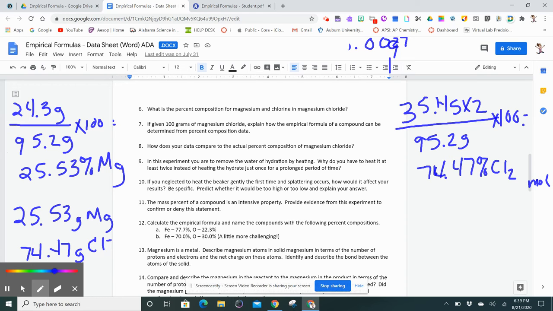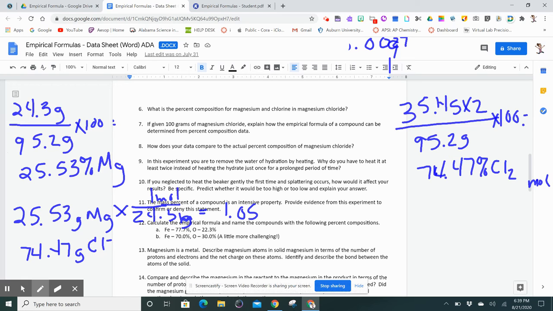Okay, so to divide 25.53 by the molar mass of magnesium, because that's the grams in 1 mole, 25.53 divided by 24.3 is 1.05.